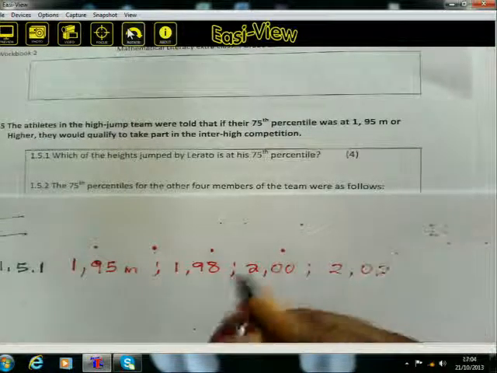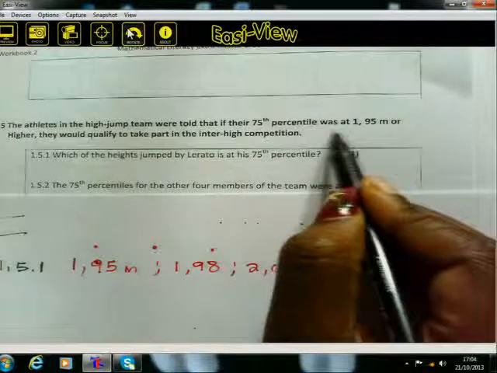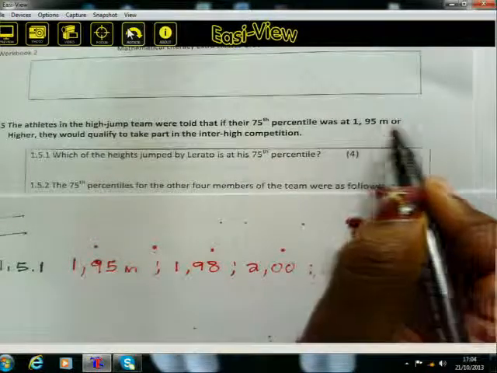Remember to include your units because they said was at what? 1,95 meters.